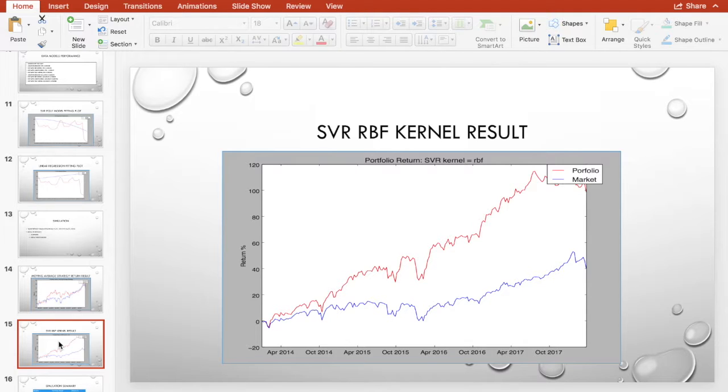And here's the result from the SVR RBF kernel. As you can see, it outperformed the market index, which is the SPY index, from the beginning all the way to the end. At the end, the return is about 100%.